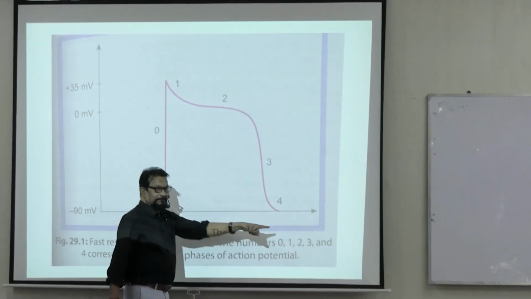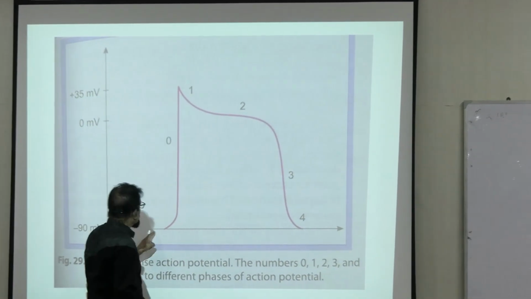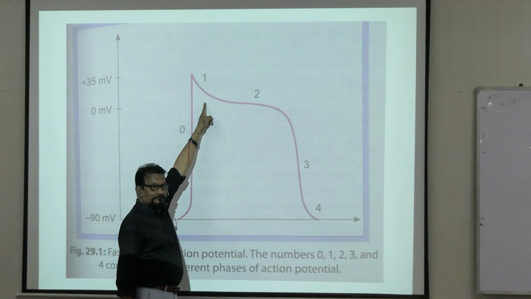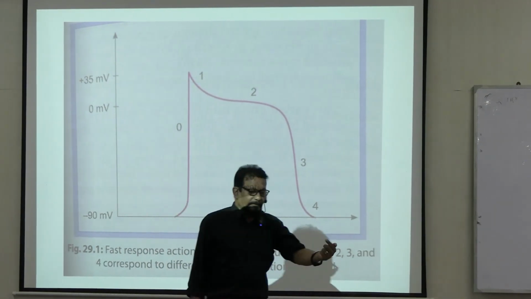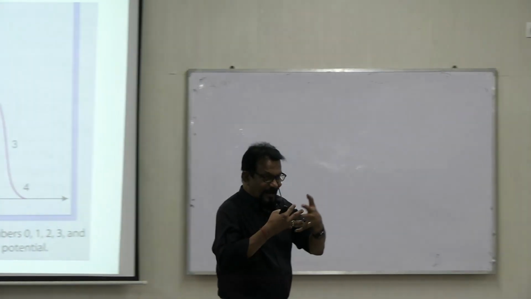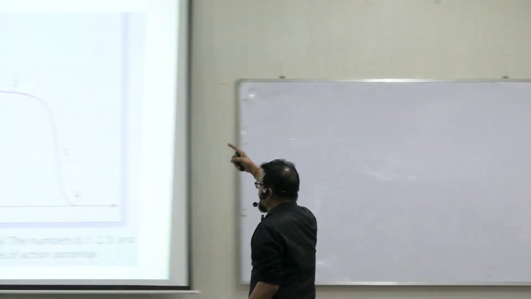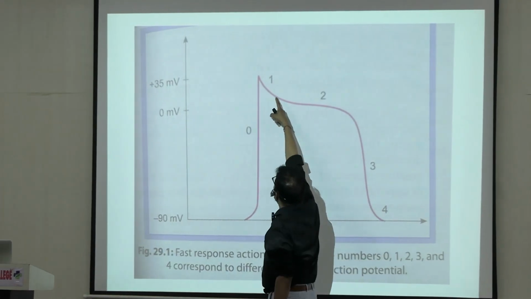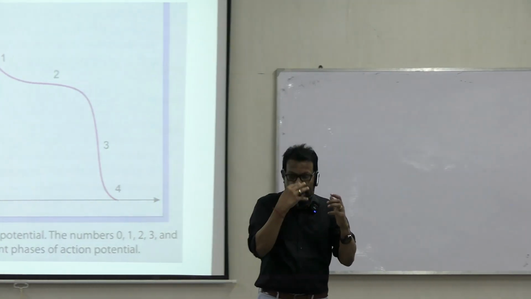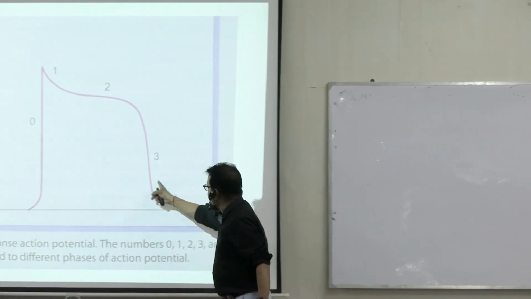When this fast action potential is generated in working muscles, calcium ion is liberated. Calcium liberated means it is entering the sarcoplasm. And we know for contraction of the muscle, calcium ion is needed. So when the calcium ion enters the cell, then only contraction starts within the muscle cell, and the contraction will be finished at this point.